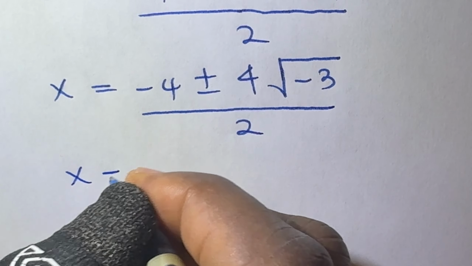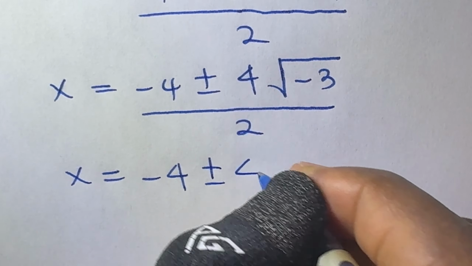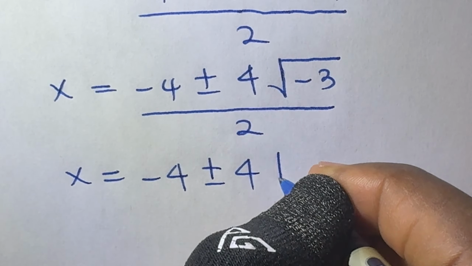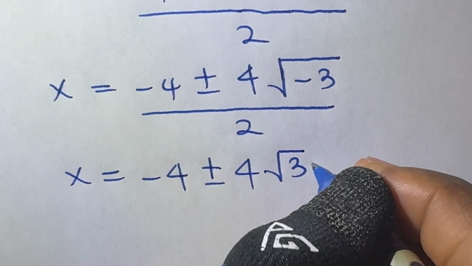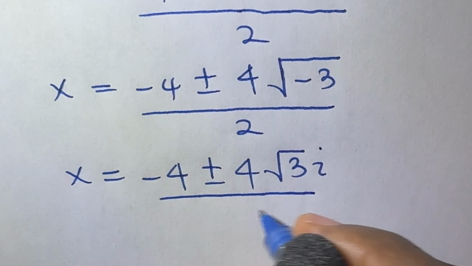So x is equal to minus 4 plus or minus 4 root 3i, because of that negative value, divided by 2.